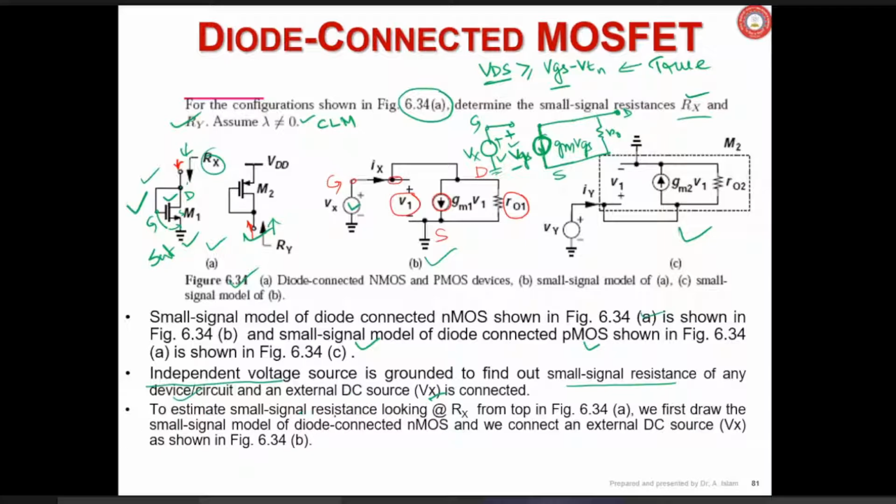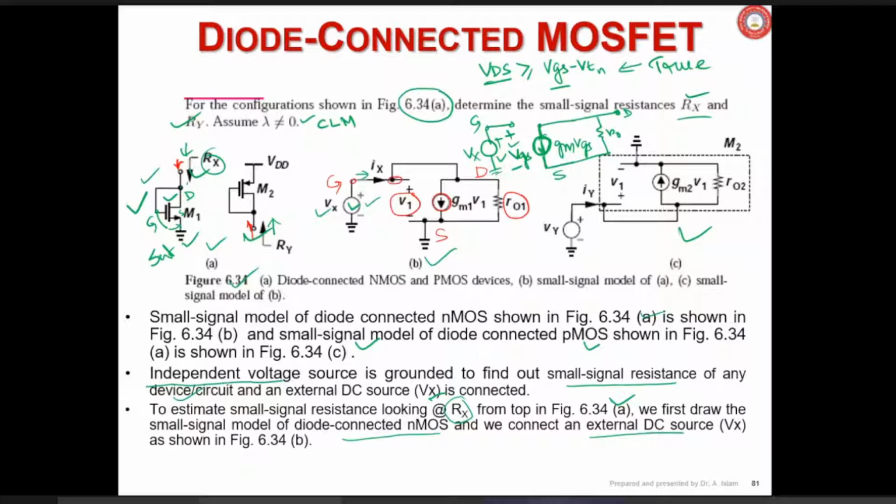To estimate the small signal resistance Rx looking from the top of this figure, we first draw the small signal model of the diode connected MOSFET and connect an external source Vx. This voltage supplies a current Ix to this circuit.